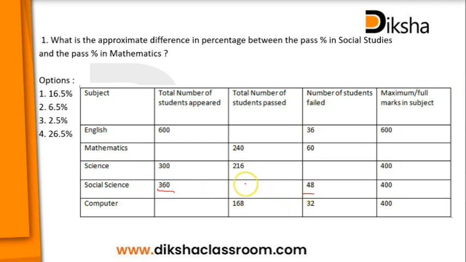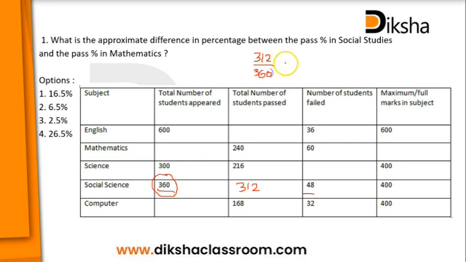So the total number of students passed will be 360 minus 48, that is 312. So first of all, we will find the social studies percentage. The percentage of students passed in social studies will be 312 out of the total students.